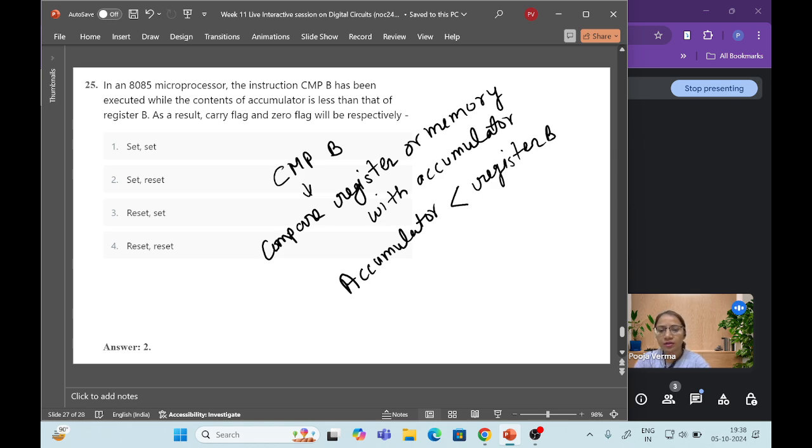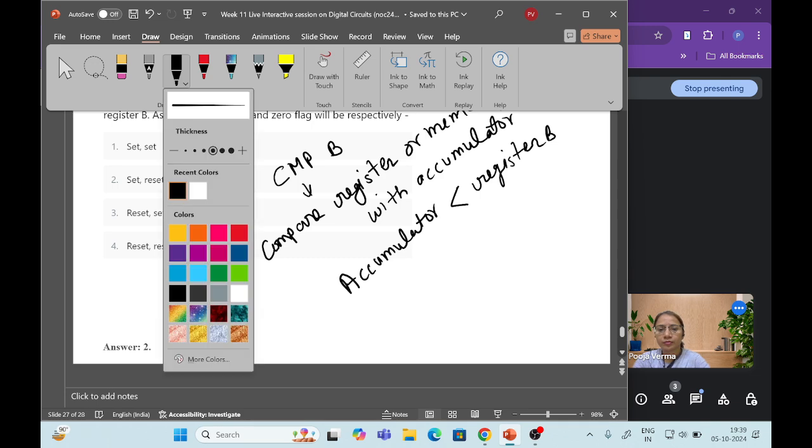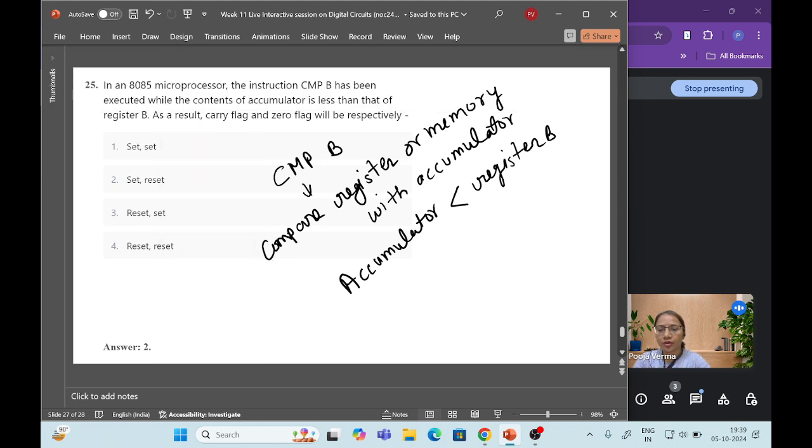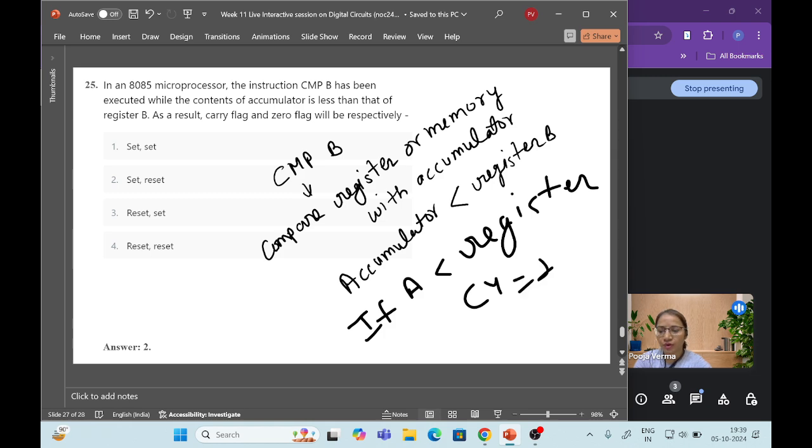So if A is less than any register or memory location, the carry flag will be set to 1, and the zero flag will be 0 only.